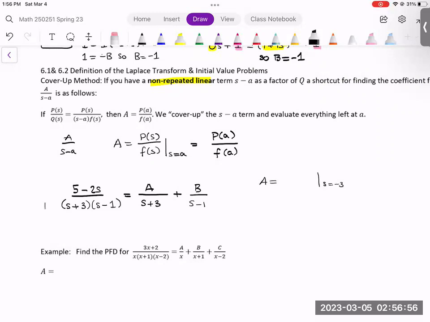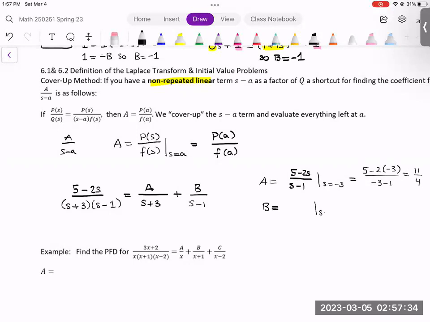We are going to cover up the s plus 3 term and look at everything else, 5 minus 2s over s minus 1. And we're going to plug in s equals -3. So 5 minus 2 times -3 over -3 minus 1. So in this case, we have 11 over 4. All right, to find B, first, let's look at the denominator here.